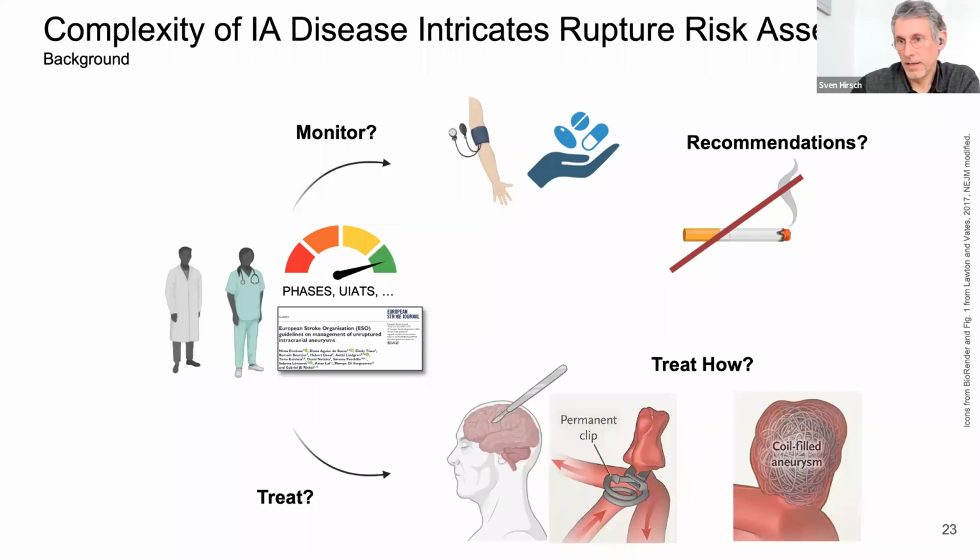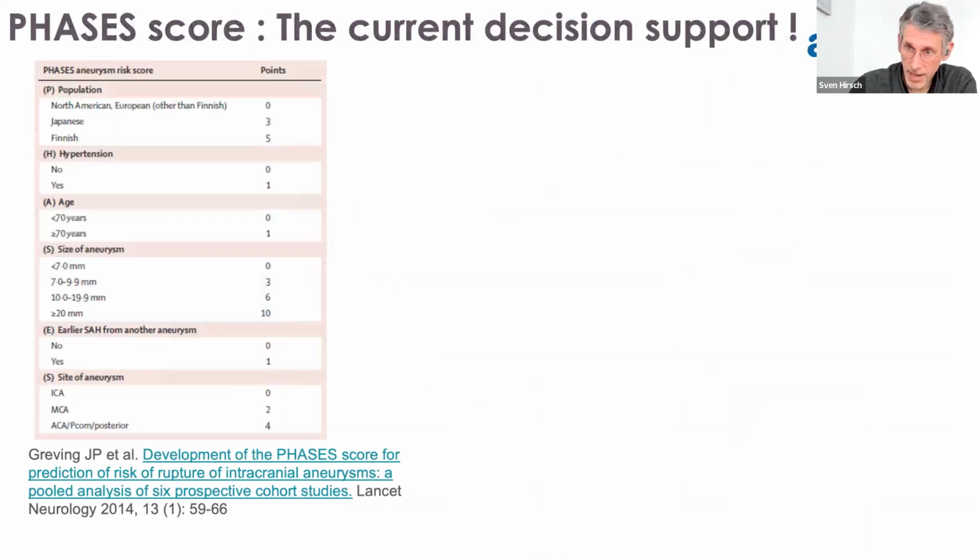It's the attempt to set up a scoring system to say, do we have to treat a patient, yes or no? And when you see how simple that is, that's the famous PHASES I showed you before. PHASES is the best-known score to say how dangerous an aneurysm is.